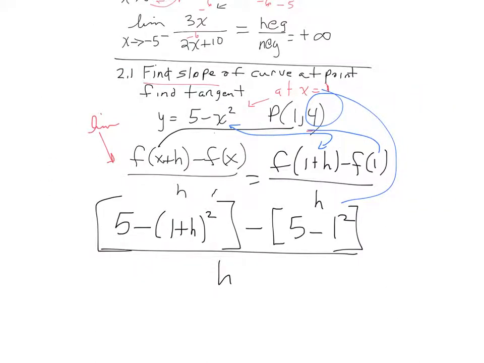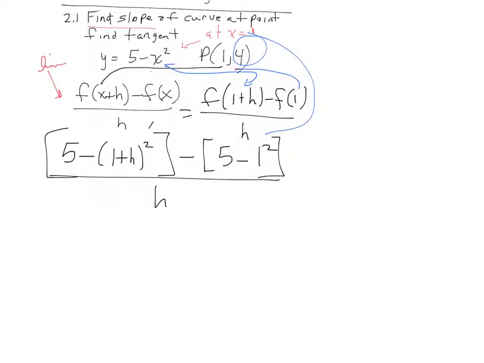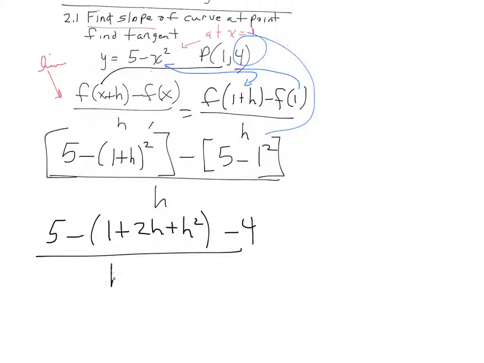And now it's just fun algebra time. Meaning all you do is square this piece at the top, square the first, 2 times the middle, square the last. Of course, this becomes minus 4. And this equals, let's go ahead and just distribute out that negative.